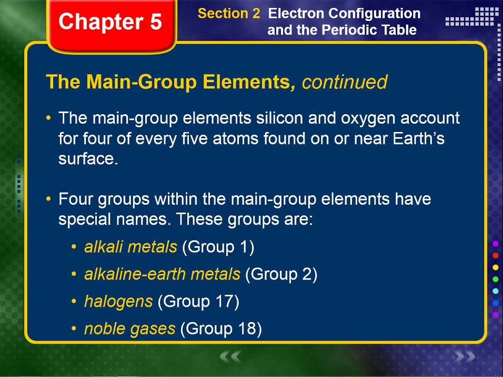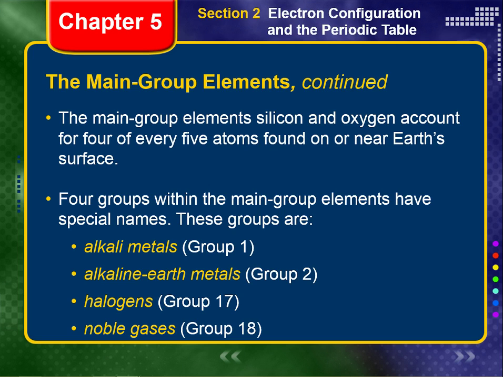The main group elements silicon and oxygen account for about 4 in every 5 atoms found on or near Earth's surface, because they make up rocks, right? Silicate minerals are made up of silicon and oxygen, right? And SiO4 configuration, I believe. Don't quote me on that. It's been a while since I've gone through that stuff.